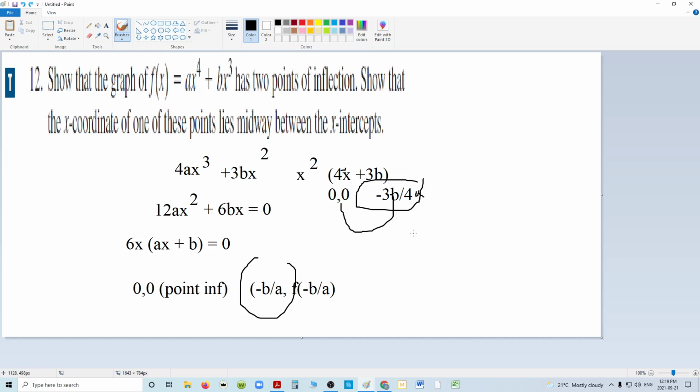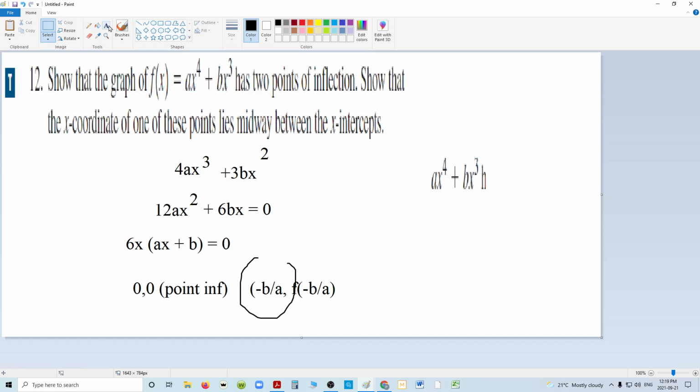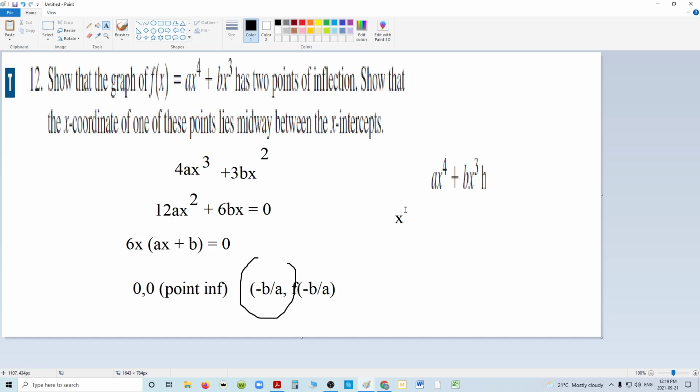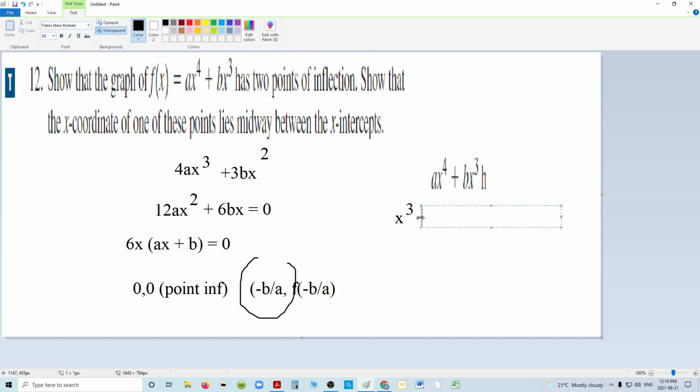What's the halfway point? Oh, I took the wrong x-intercepts. The x-intercepts I have to take from here. So if I get x to the 3 out of both of them, I'm left with ax plus b, which means the x-intercepts are 0, 0, and minus b over a.